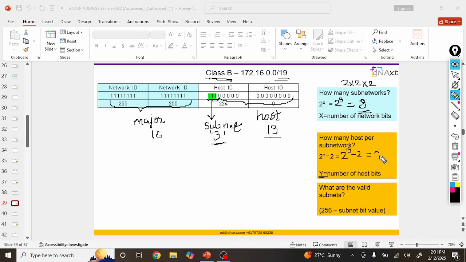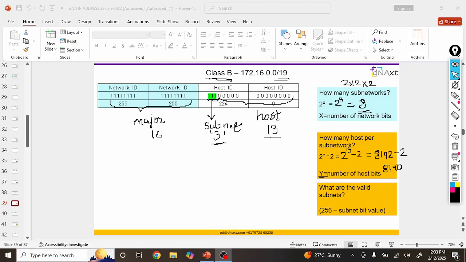That is 8192, and if we subtract 2 we will get 8190 hosts per subnetwork.